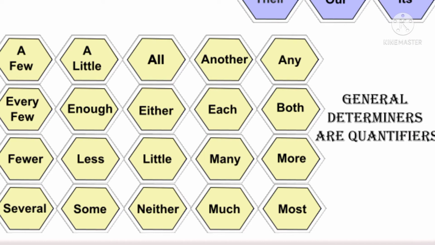In the quantifiers: a few, a little, all, another, any, every, few, enough, either, each, both, fewer, less, little, many, more, several, some, neither, much, most. These determiners help us a lot. Let's see them one by one.